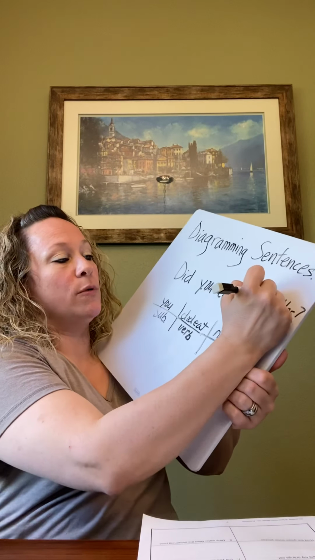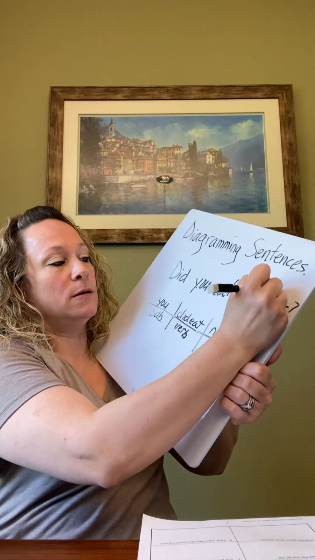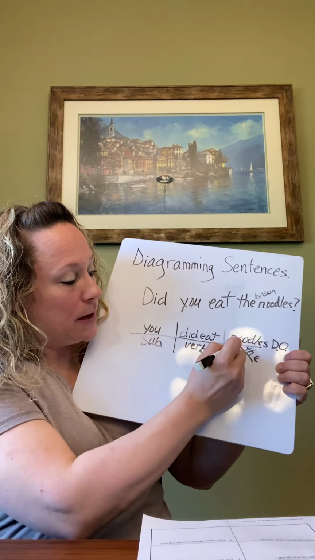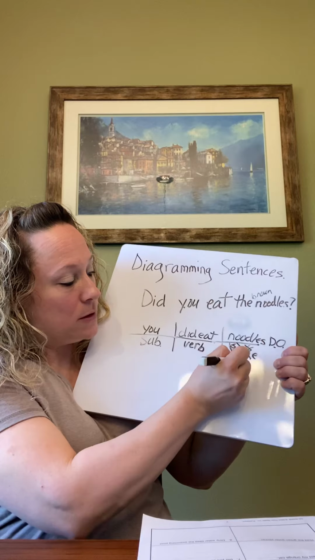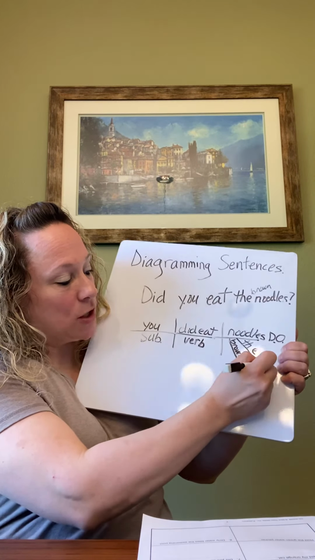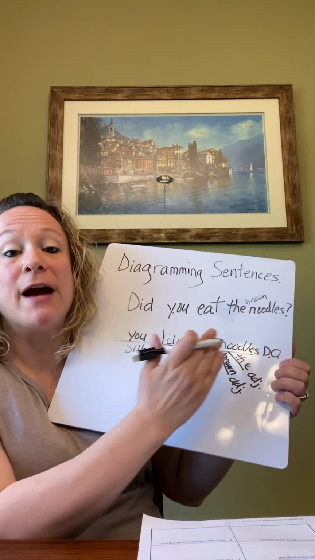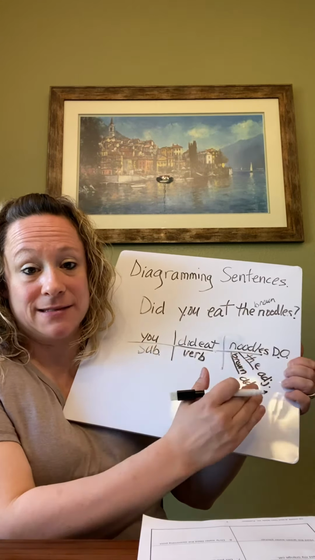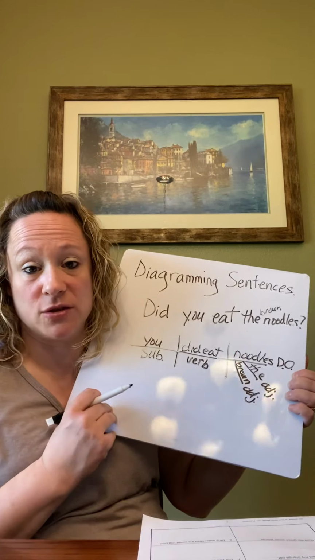So if I had brown here, I would add another line under here and put brown, and then each of these, ADJ, ADJ. Okay, so one word can have more than one adjective describing it, and you just need to put the line slanted under that word that it's describing.